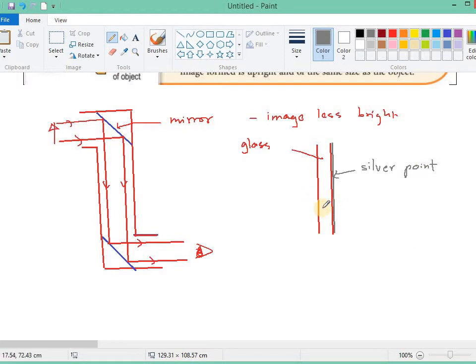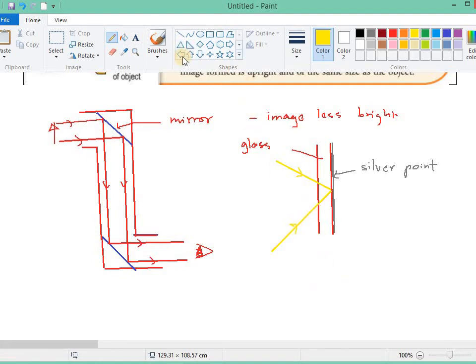Because glass is actually transparent, the light can pass through the glass. But in order to make the glass able to reflect the light, we put a layer of silver paint at the back of the glass. Then the light will be able to reflect, and then we can have a mirror.